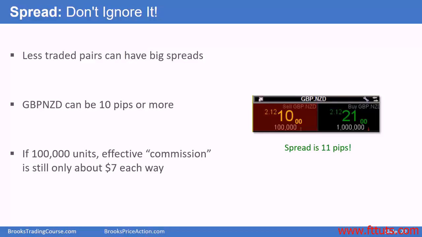If you're trading 100,000 units, the effective commission is still only about $7 per trade because of the price of the contract, 2.1210. So even with the very big spread, that still comes out to a transaction cost of $7 each way.